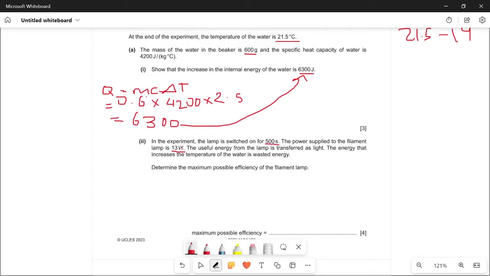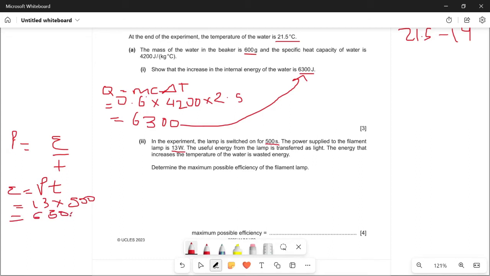So if the total power supplied was 13 watts and it was switched on for 500 seconds, we can calculate the energy. We know that power equals energy over time. If we rearrange this formula, energy would be power times time. So the energy would be 13 times 500, which would give 6,500.